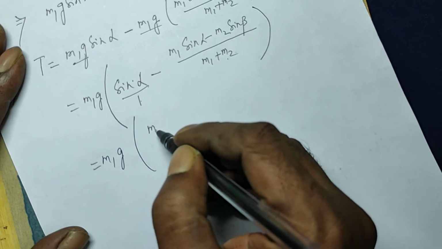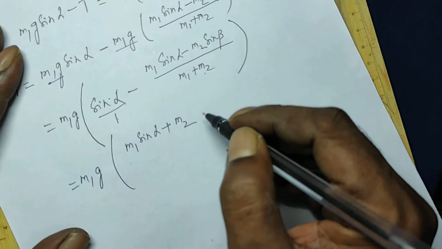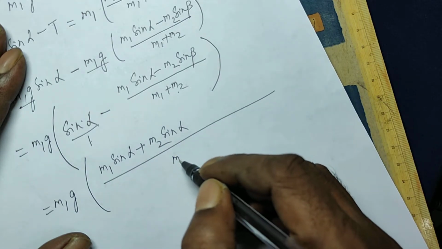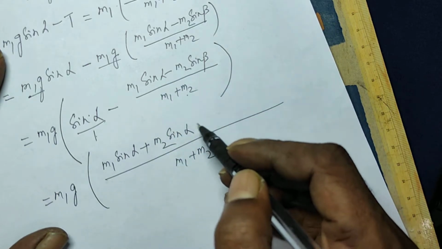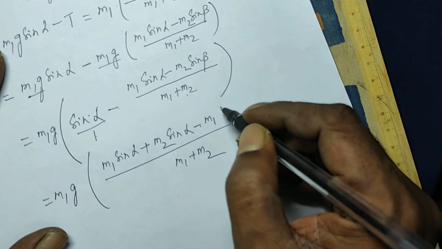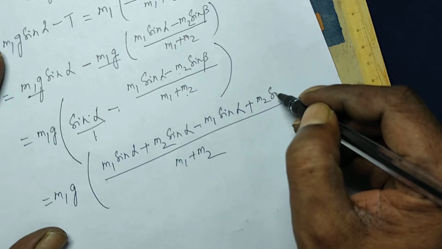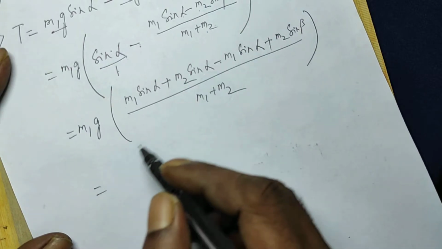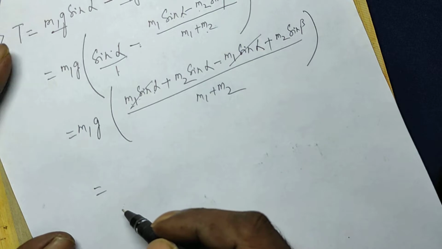So we have M1 sin alpha plus M2 sin alpha. Your LCM is M1 plus M2. Then this term here has a negative sign in front of it, so this will be minus M1 sin alpha plus M2 times sin beta.